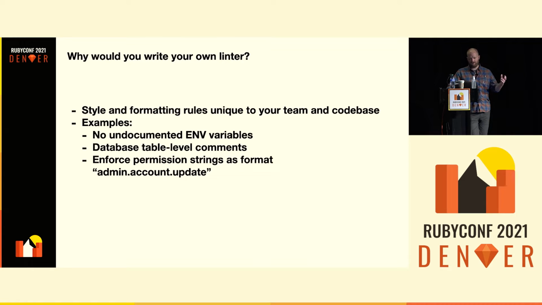It's generally meant to provide one way to do things and hopefully some autocorrection to help us get there automatically. A lot of places use RuboCop. It's fairly common. I would say it's the norm for this kind of tool.